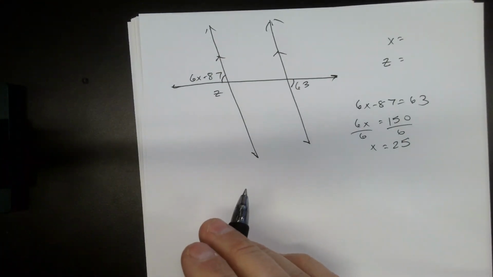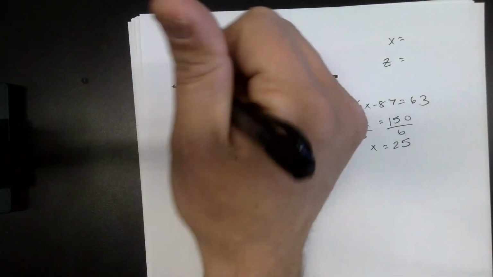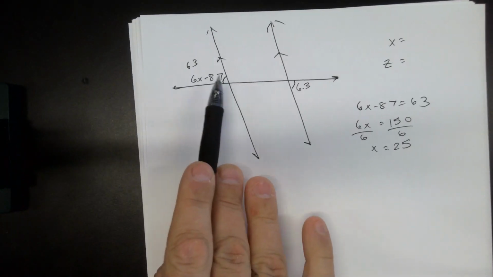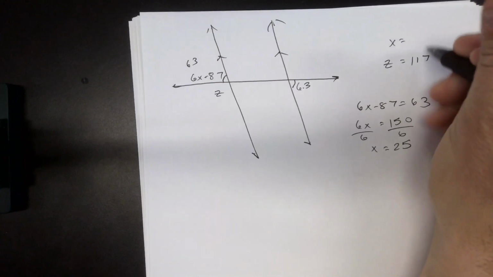So there's a couple different ways. That's the way I would have done it too. We know if this is 63, that angle right here is also 63, so you can just go 180 minus 63 to get 117.